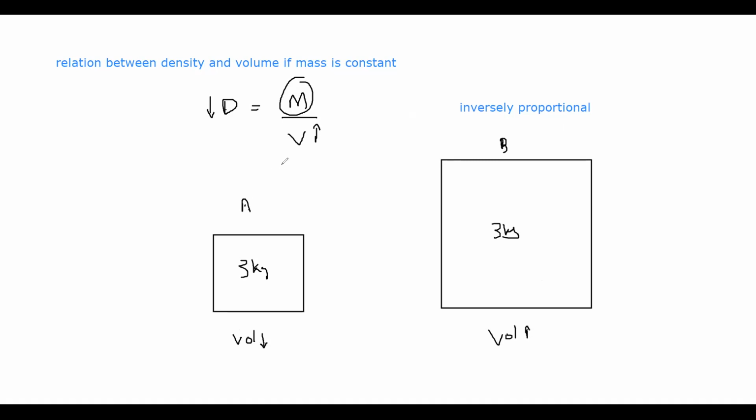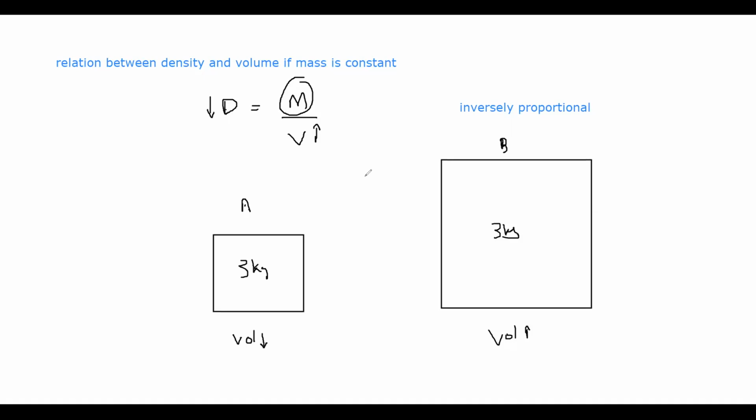So what does it show? It shows a relation between the volume and density. Density is inversely proportional to volume if the mass is constant. The condition is that mass should be constant, like both objects should have the same mass. But if both have different masses and different volumes, then you have to use the formula mass by volume to find the density.